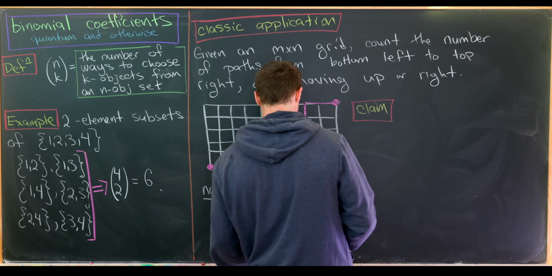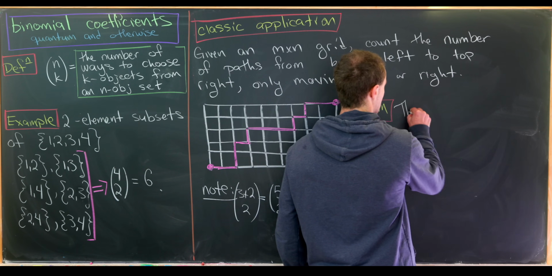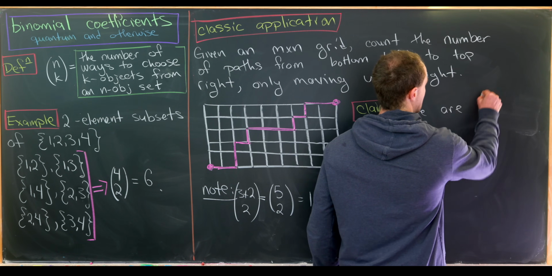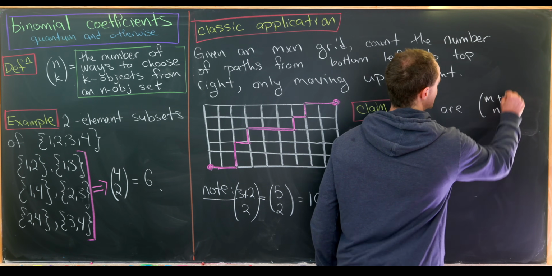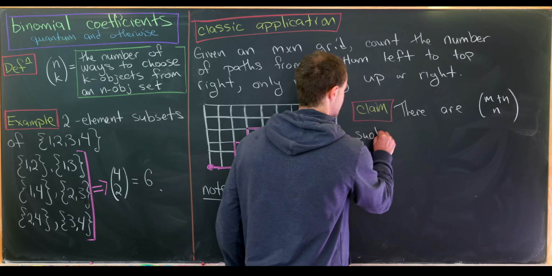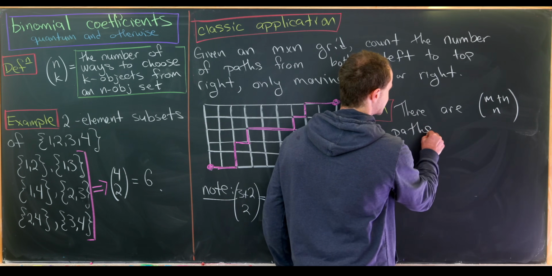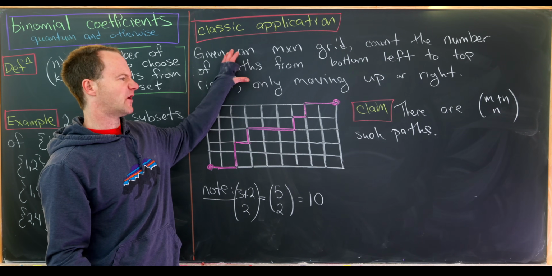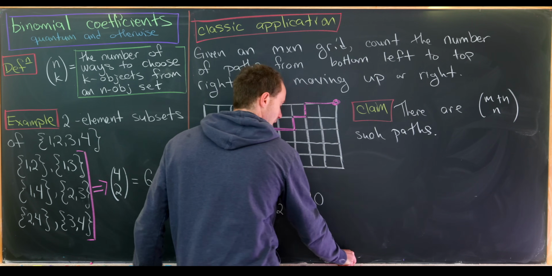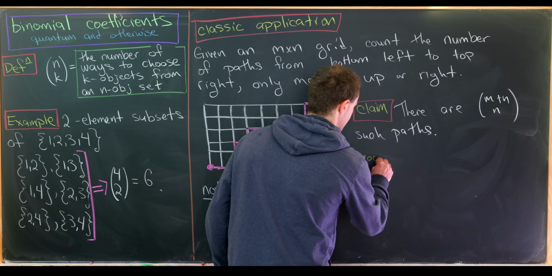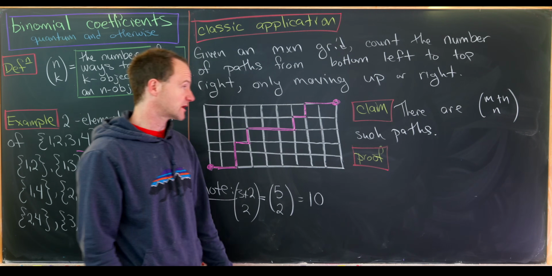And that claim is that there are m plus n choose n such paths. And when I say such paths, I mean paths that are following the rules up here. Okay, so how might this proof go? Well, like I said, it's really quick.